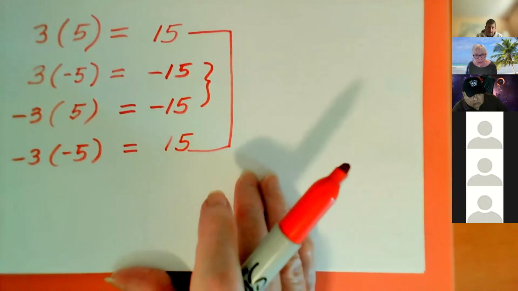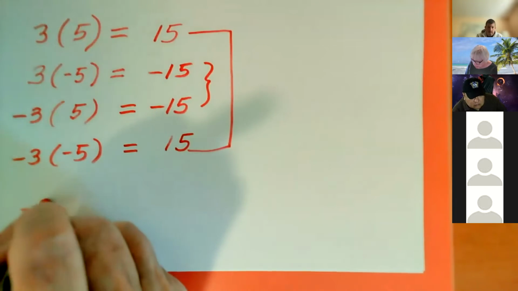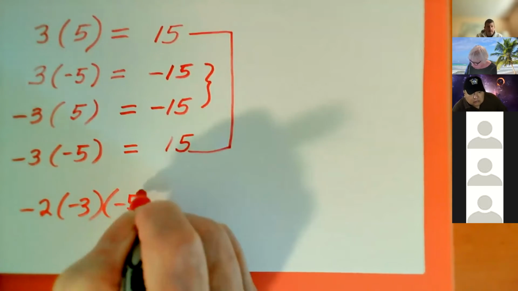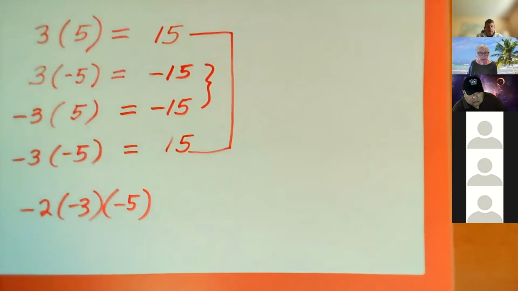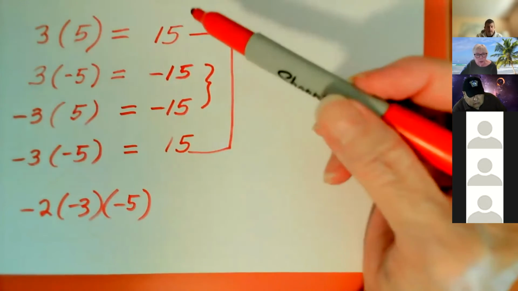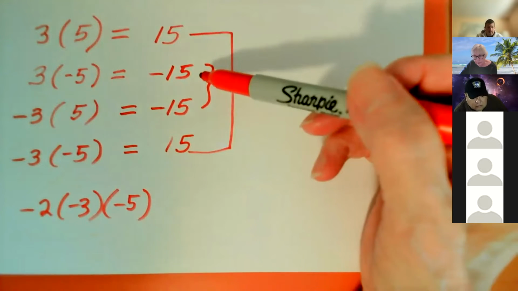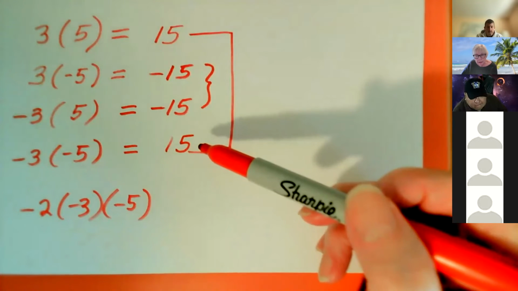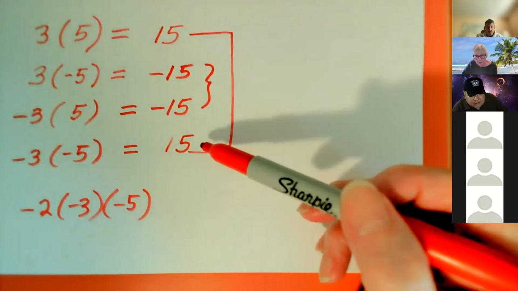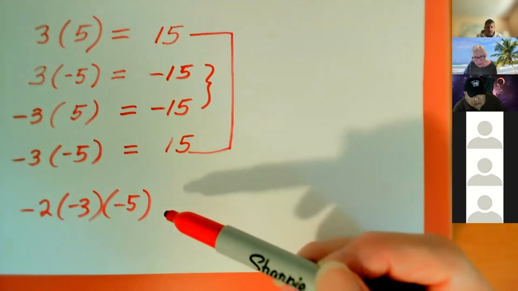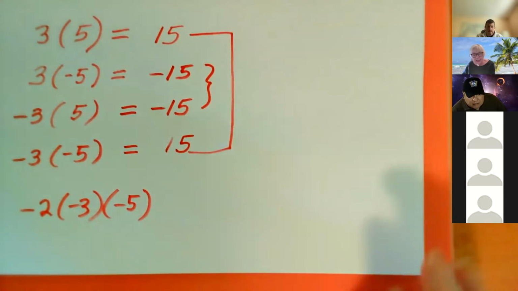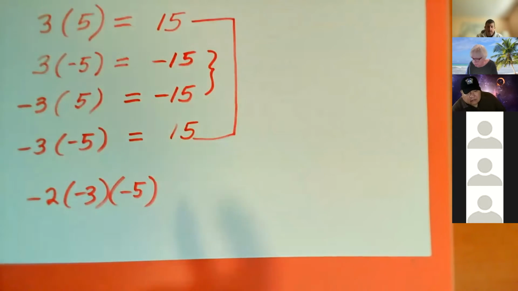Now this extends. So there is a pattern here. 1 negative made it negative. 2 negatives made it positive. What do you think 3 negatives will do? That would be negative. It's going to be negative, so it flips back and forth.